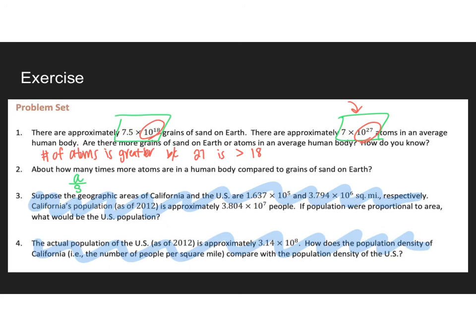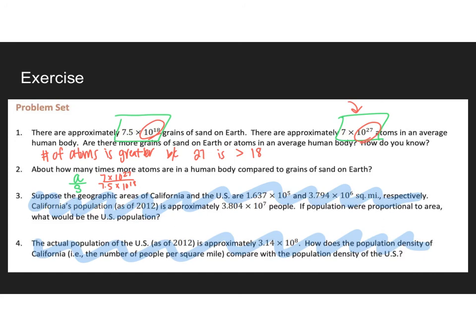From there you were dividing these numbers, the number of atoms divided by the number of grains of sand. So it's going to be 7 times 10 to the 27th over 7.5 times 10 to the 18th.